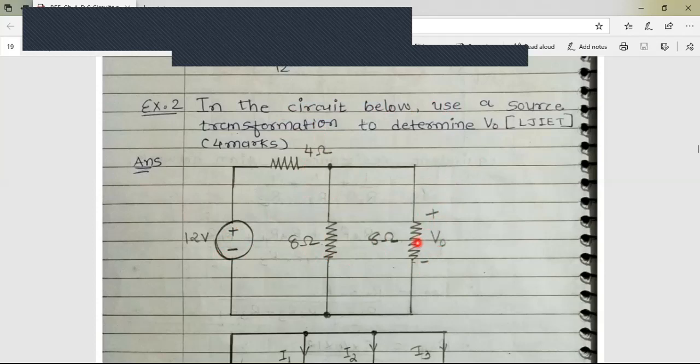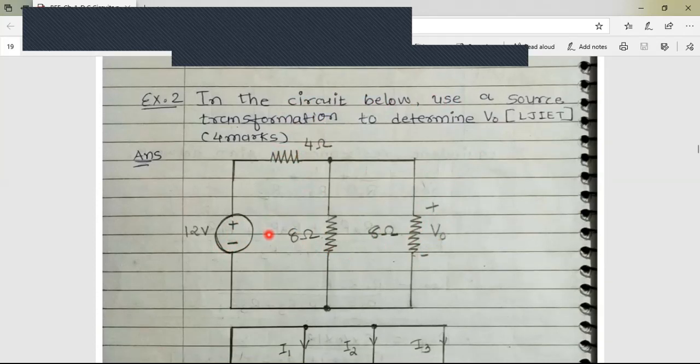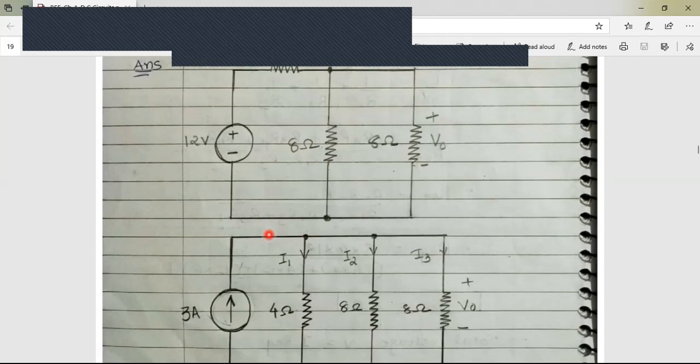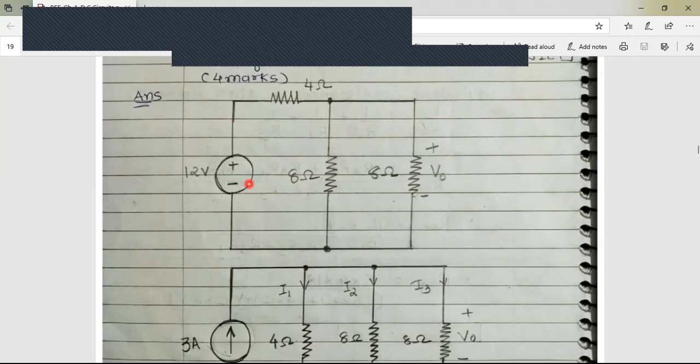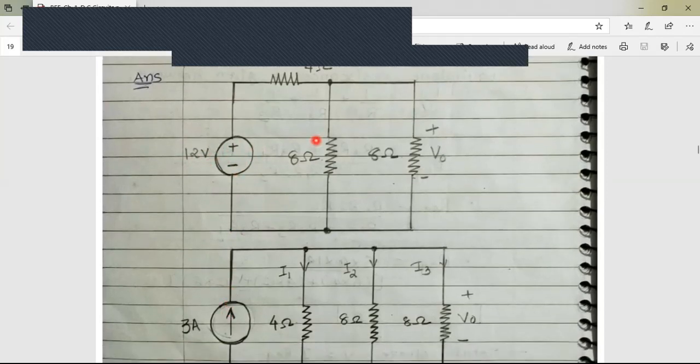First of all, we can convert the voltage source in series with a resistance into a current source in parallel with that resistance. We convert this 12 volt source into the appropriate current source: the 4 ohm resistance is in parallel with a 3 ampere current source, because I equals V by R, that's why 12 upon 4 equals 3 ampere.